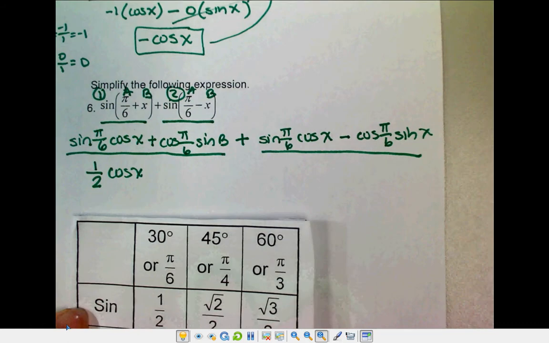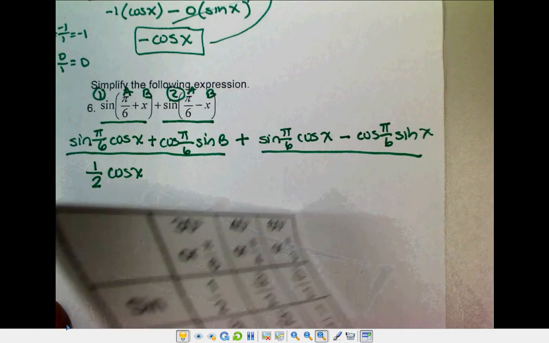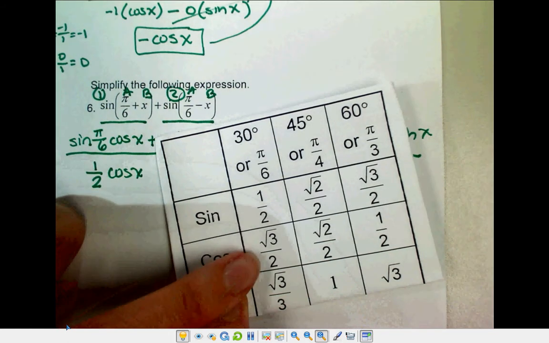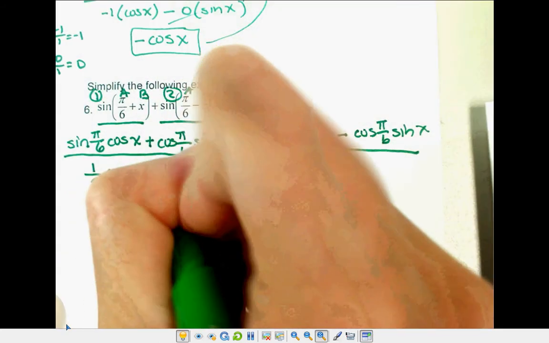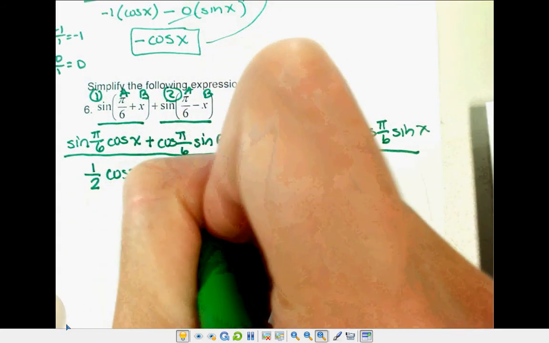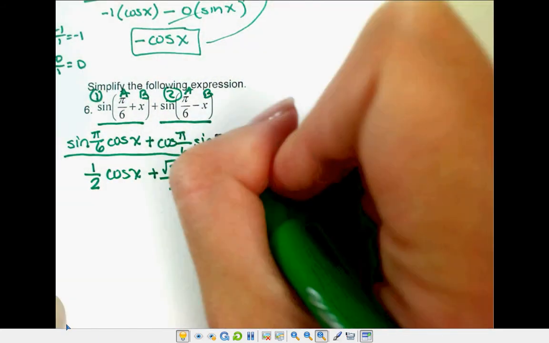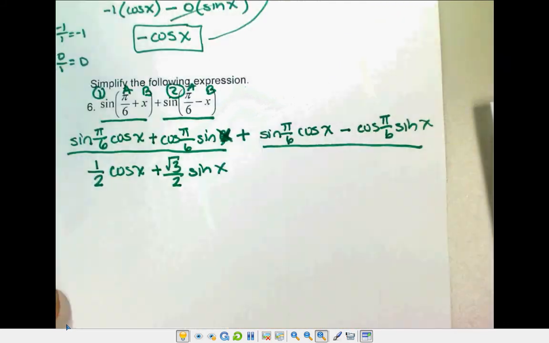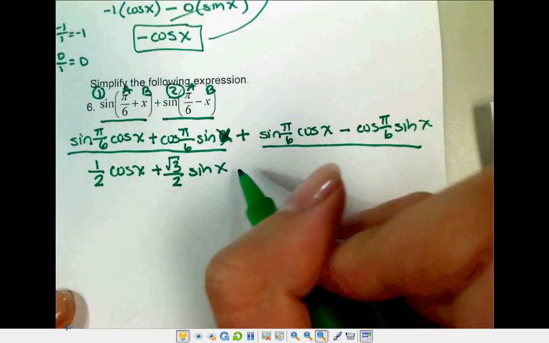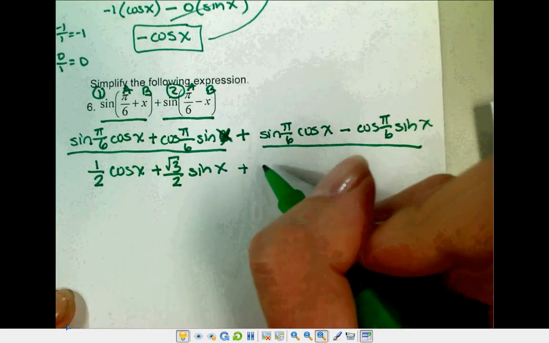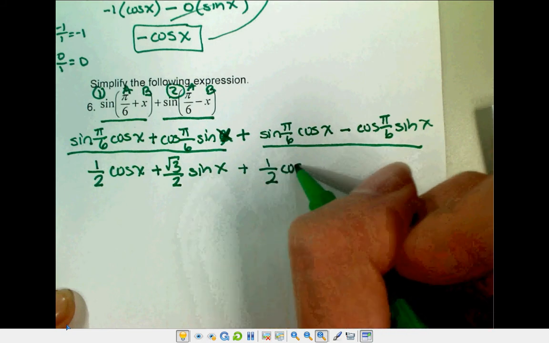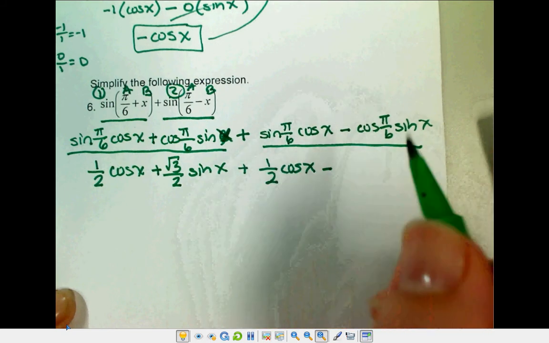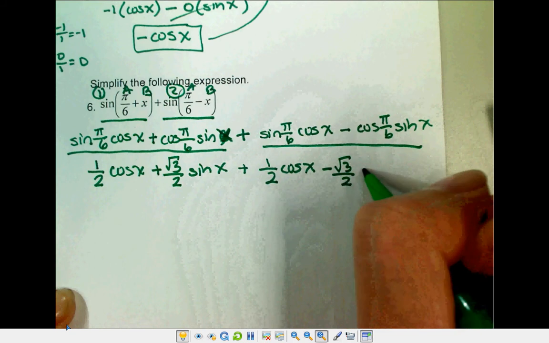Cosine of pi over 6, here's cosine, and pi over 6 is root 3 over 2. Oh shoot, I put b here. This should be x, sine x. And then plus, again, sine of pi over 6 we found out was 1/2. Minus cosine of pi over 6 we found out was root 3 over 2.